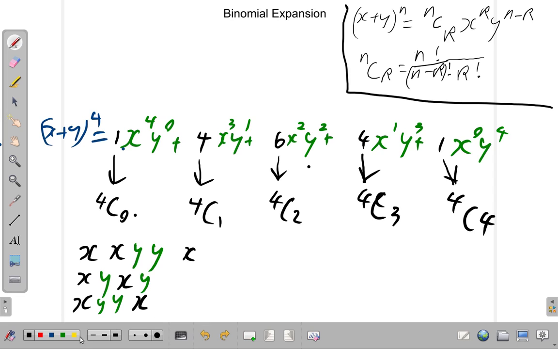Let me put the y in a different color. Y and y, and then x. They have 1, 2, 3, 4 so far. Now you could have, I already have x, y, x, x, y, y, x, y, y, x. Alright, y is together, y is apart here.